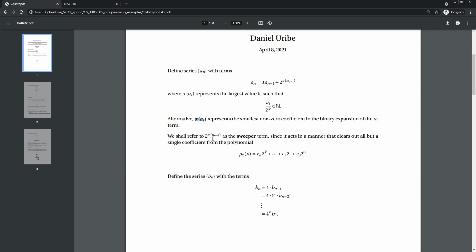So then 2 to that value, whatever the exponent for the power of 2, which is the least significant set bit, right? If we were dealing with decimal, this would be the equivalent of saying, if you had the number 100,200, then in base 10, the hundreds would be the least significant set decimal value, the least significant non-zero decimal value.